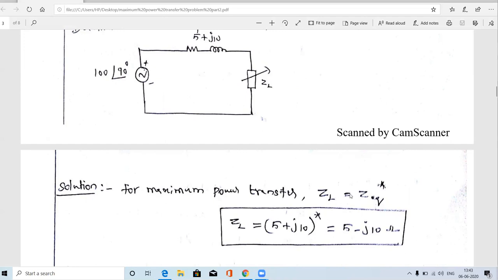The load impedance must be equal to the complex conjugate of Z equivalent or ZTH. This is the condition. If the circuit is a pure DC circuit, RL equals RTH or R equivalent. If it is an AC circuit, the load impedance is equal to the complex conjugate of the Thevenin's impedance.